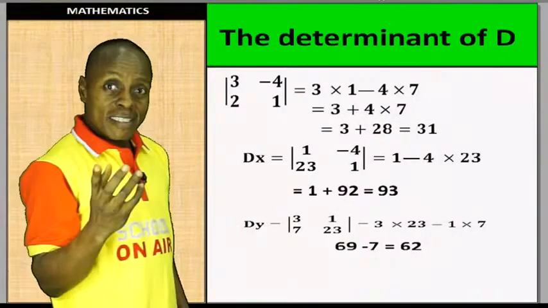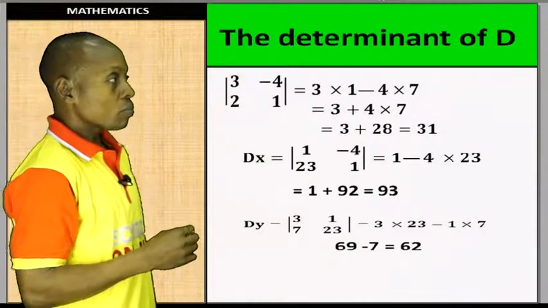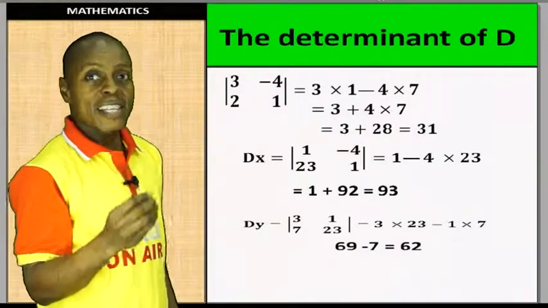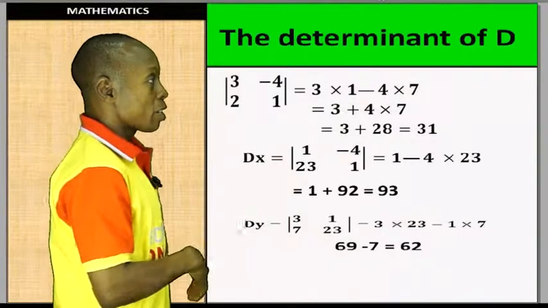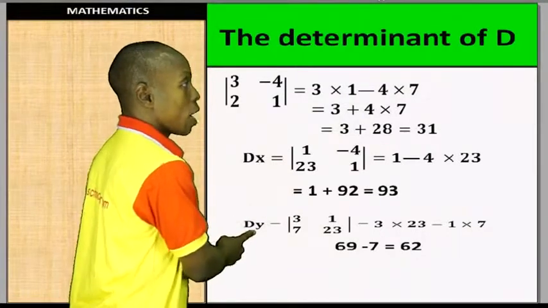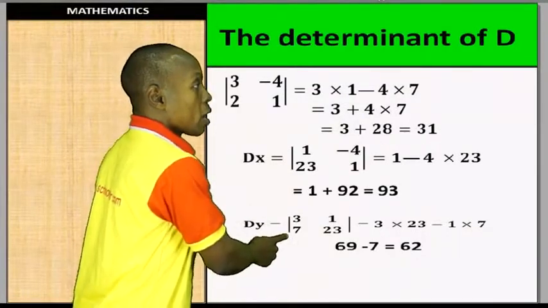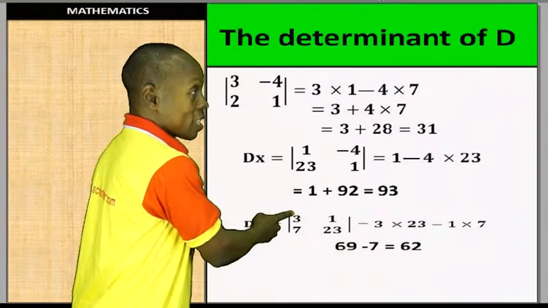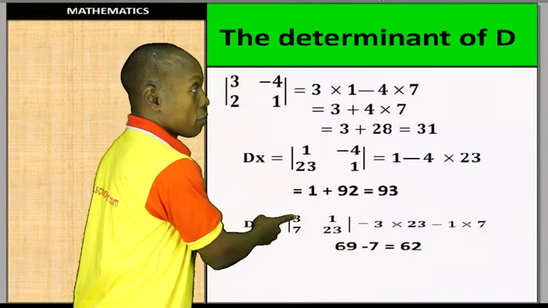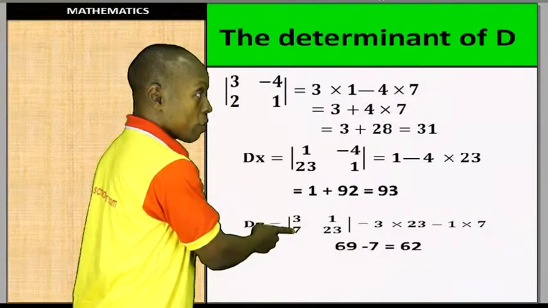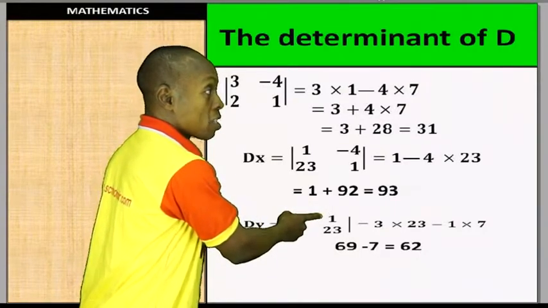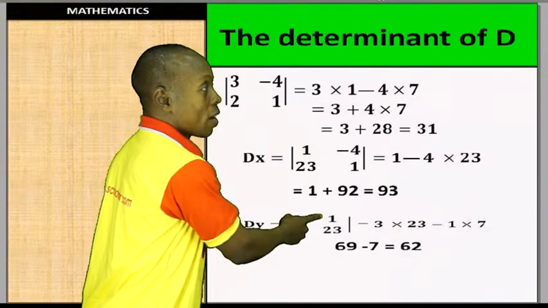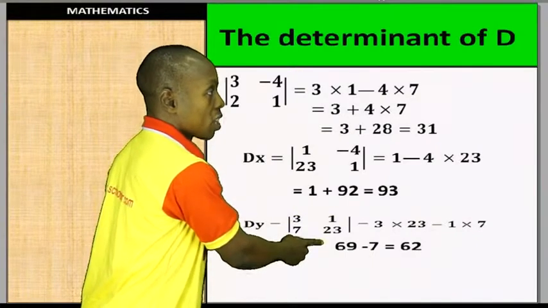So the next thing is to get the determinant of y. The same principle we applied in getting the determinant of x is what we're going to apply in getting the determinant of y. So we have dy equals, then you have the coefficients of x in the two equations, 3 and 7. The coefficient of y is no longer there. You replace it with what you have after the equal sign, which is 1 and 23.